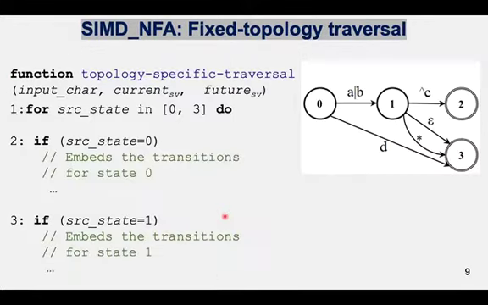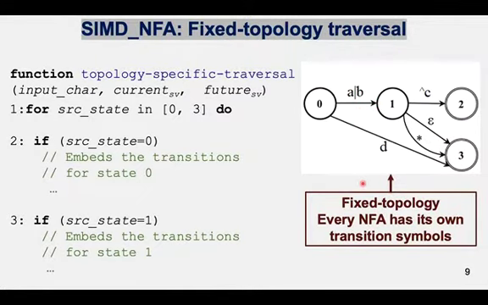Now let us look at our fixed topology traversal. On the right side, we have an NFA. This NFA has all 4 types of transitions we considered. The transition symbols are for illustration purposes only. Actually, every NFA has its own set of transition symbols, and our engine processes all the states sequentially as indicated in the left side pseudocode.